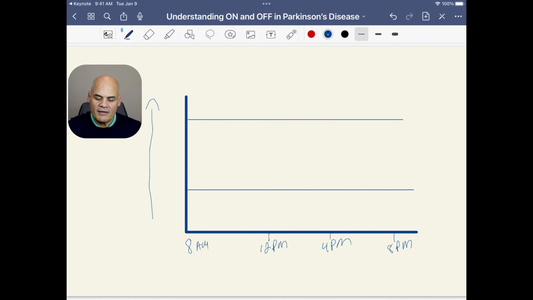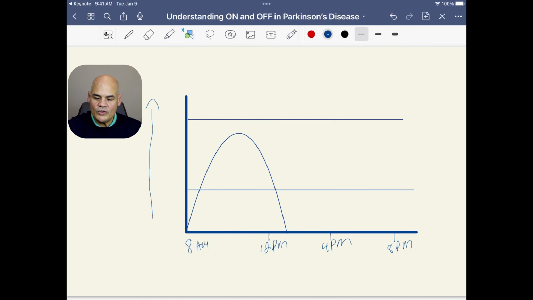So we take the first dose of the medication at 8 in the morning, right? And I'm taking the medication, and the medication is dissolving in my body, and it's going up, and right here I'm feeling good, I'm getting some benefit, and then the level goes down.